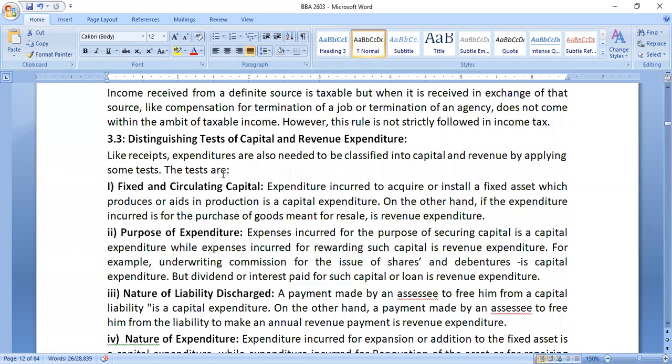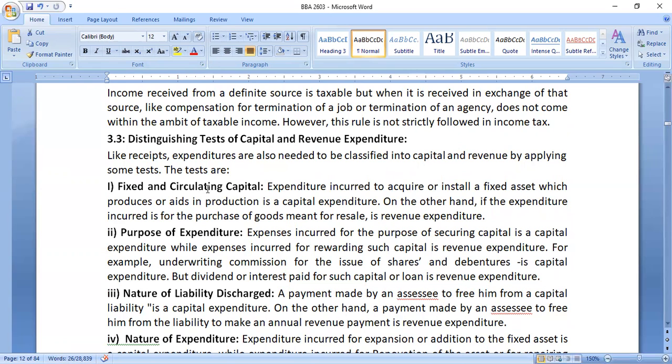And then I would like to discuss the distinguishing tests of capital and revenue expenditure. In our daily life, we make some sort of transactions, we make some sort of expenditure, we make some sort of income generating activities.